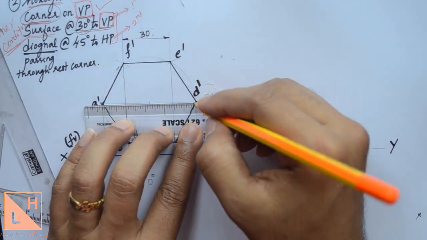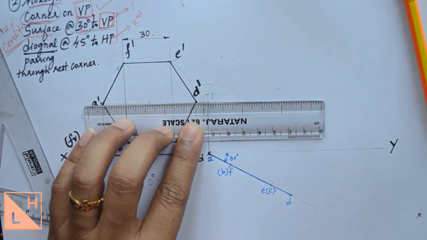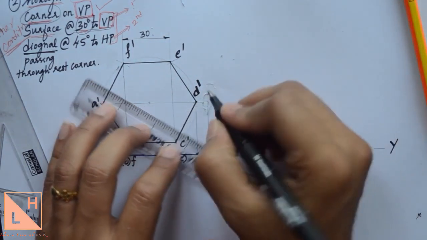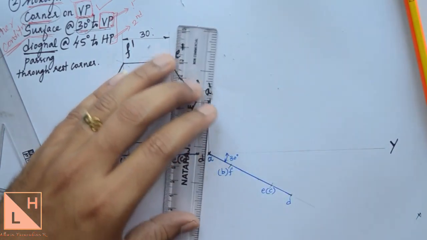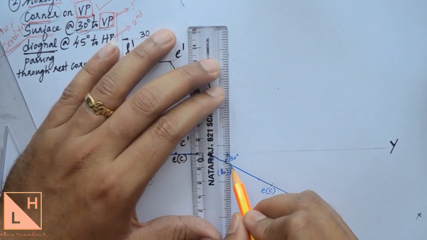The new point you obtain here will be called the new point A dash. We'll repeat the same for all the remaining points.